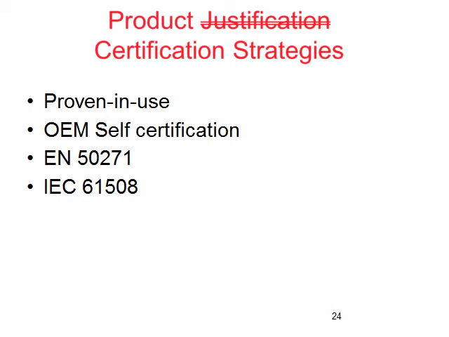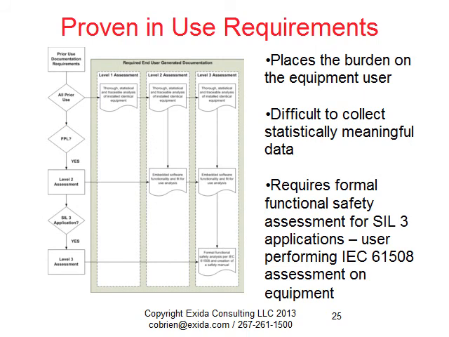The only paths that it says are valid are a proven in use justification and an IEC 61508 assessment. So these 2 middle paths are kind of derivations that have evolved, and one's even a standard, but it doesn't truly address what IEC 61511 says you need to do. So let's start with proven in use.